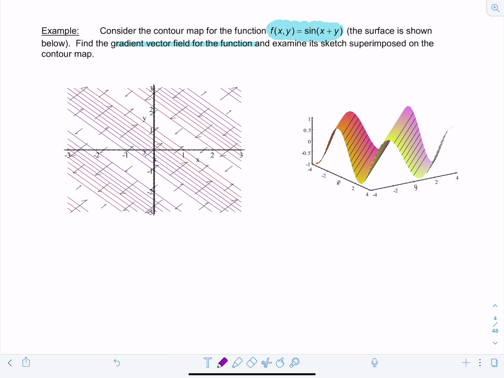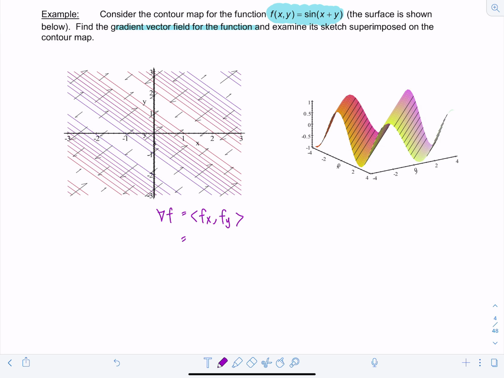Okay, so the gradient of f is, remember, partial with respect to x, comma, partial with respect to y. So if I take the partial derivative of sine of x plus y with respect to x, I'm going to get cosine of x plus y, and then the derivative of x is just 1. And then same thing for the y component, interestingly. So that part's done.